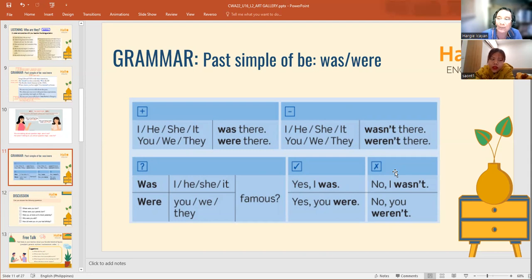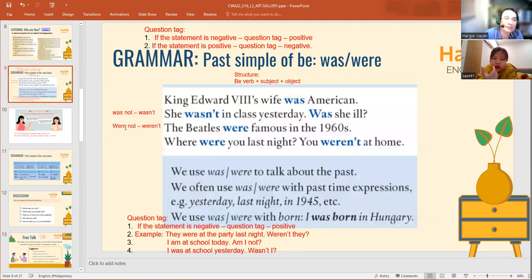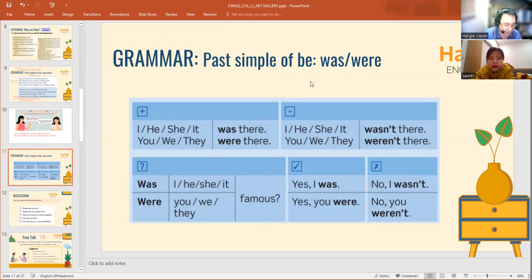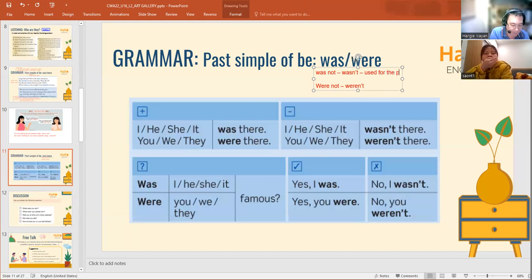It's the same, but in English, remember all the time that the contracted form wasn't is used for the purpose of communication.